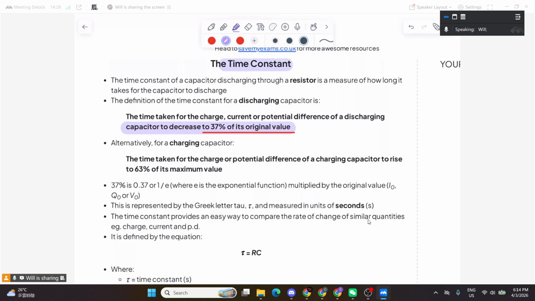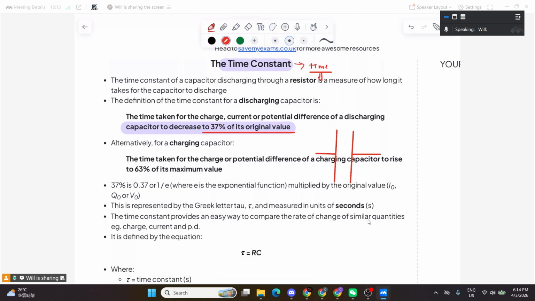Understand that? So the time constant is just like a time. It is the time taken for the charge, the current or the potential difference in the discharging process to decrease to 37 percent of the original value as the energy flows to the resistor.